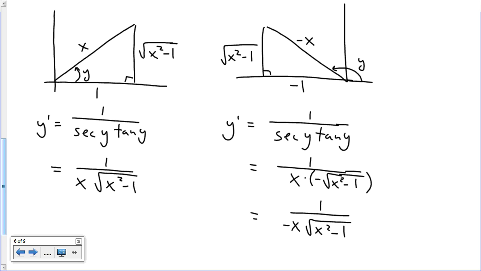Now to look at what the value of x is here, the value of x here is your hypotenuse. The hypotenuse of this triangle is always positive. The distance from the origin to the point at the other vertex there is always positive. So in quadrant 1 over here, x is greater than 0. And in quadrant 2, again, the same thing is true. The hypotenuse has to be positive, so the opposite of x is greater than 0.